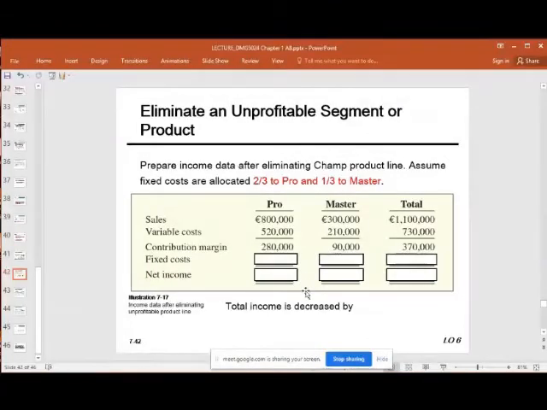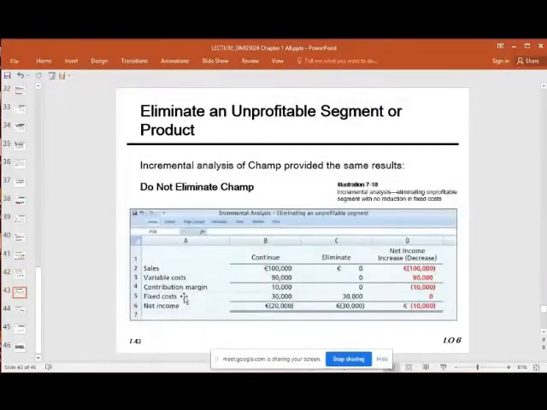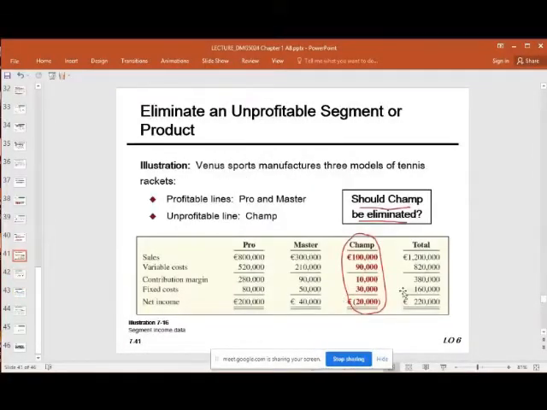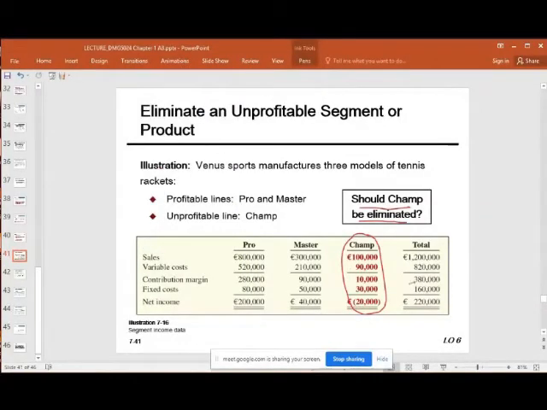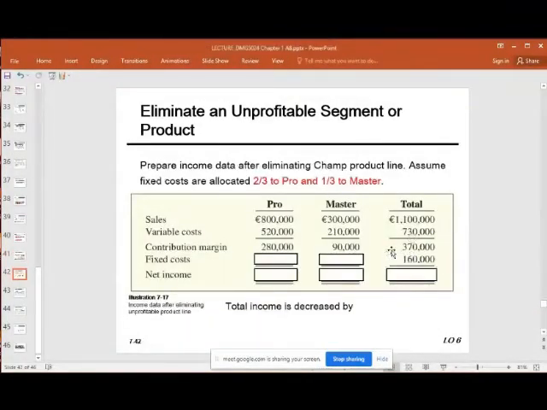Now fixed cost. Fixed cost is here, 160. This is your fixed cost, so we put it into your new income statement, 160.